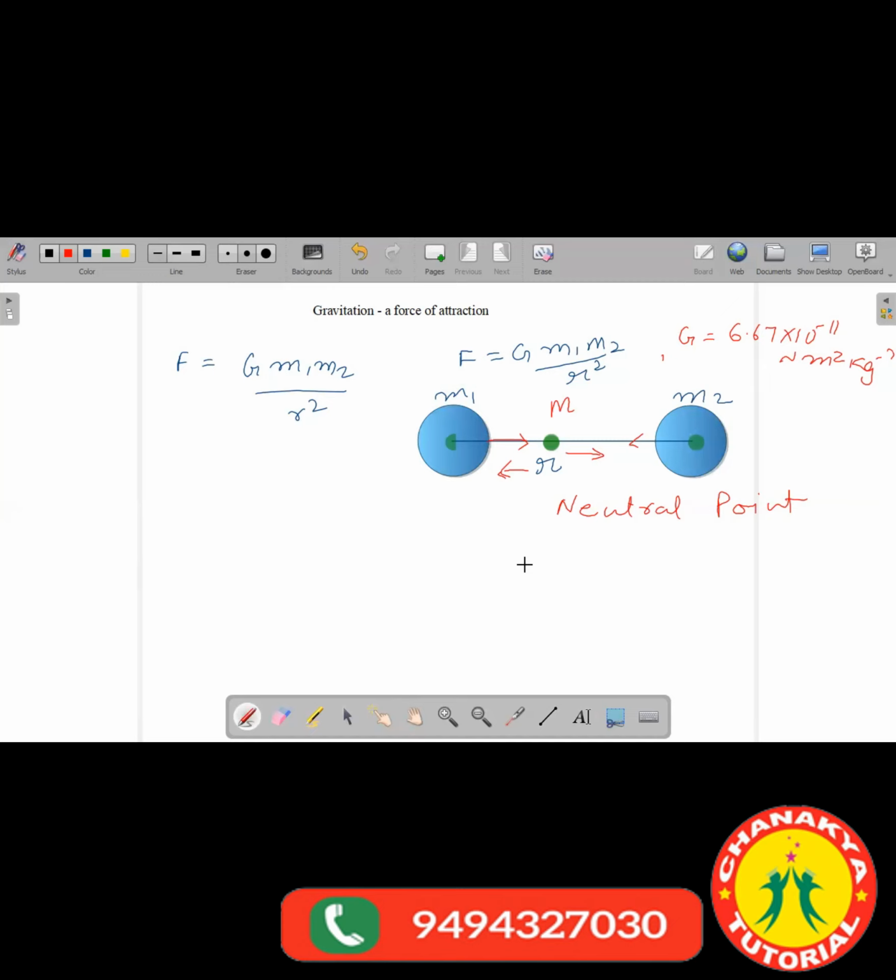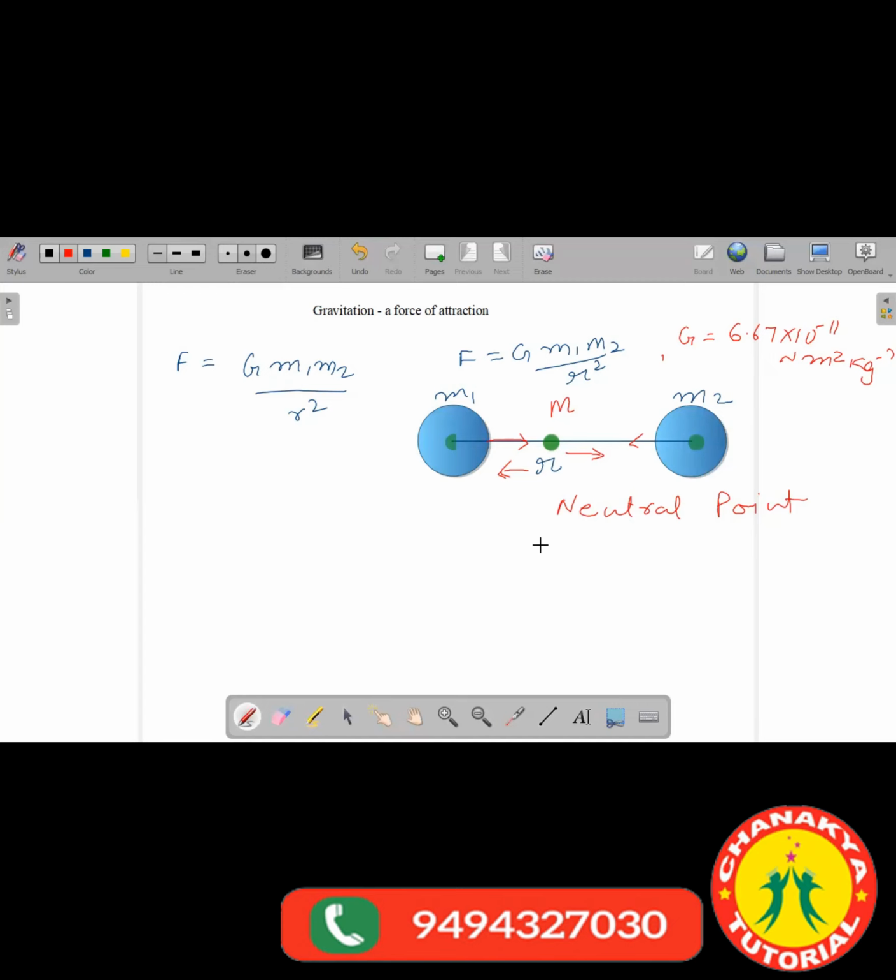So to project the satellite, we need energy to move it only up to the neutral point, the point up to which the gravitational field is zero, or at which the net force experienced by the mass will be zero. I hope you have understood this neutral point. There are certain questions which we will encounter about the neutral point also.